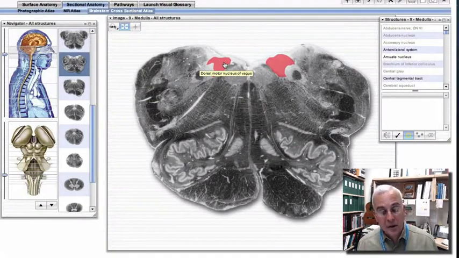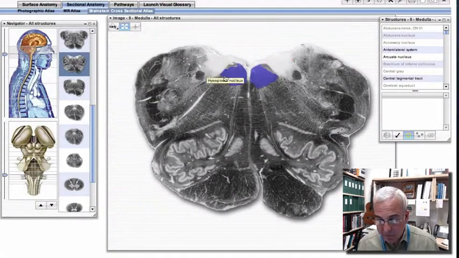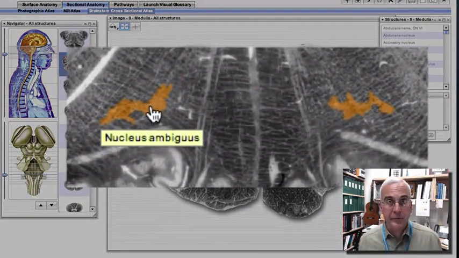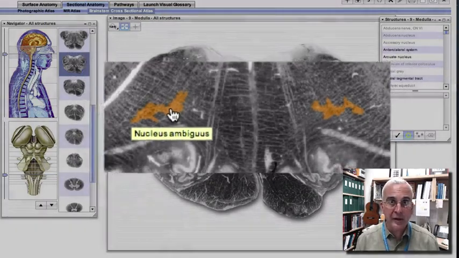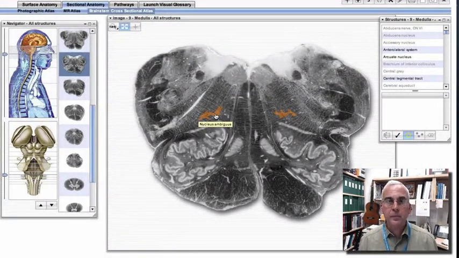Now, in a more anterior position in the tegmentum, we find the location of the nucleus ambiguus. And so with respect to visceral motor control, this is where we find our cardio-inhibitory parasympathetic preganglionic neurons. Well, that's it for the parasympathetic preganglionics of the brainstem.